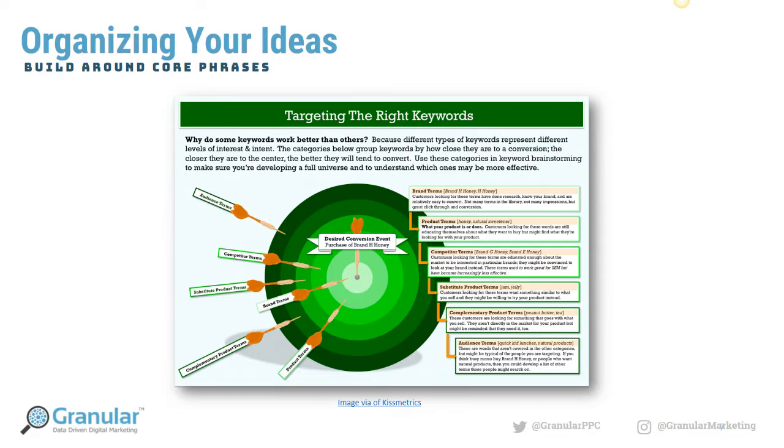You can see here in this graphic, I thought it was a good visual representation of what we're talking about: the closer to the center that each of your keyword categories are, the more likely they're going to result in a desired conversion event. So you're going to prioritize them in that way.